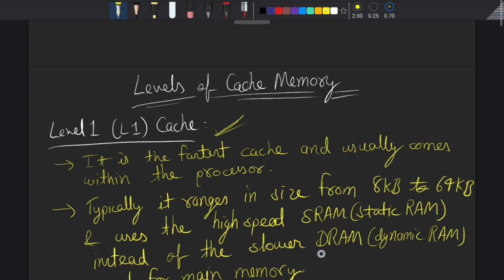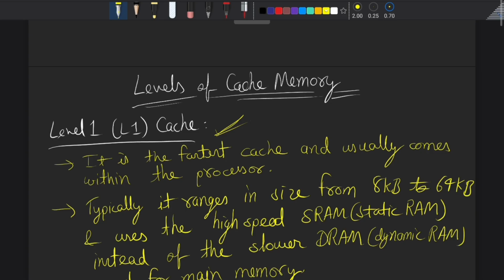Instead of the slower dynamic RAM used for main memory, static RAM stores the data as long as the power is on, but dynamic RAM stores the data for a very short amount of time. So that's why static RAM is faster than dynamic RAM. And of course, dynamic RAM is cheaper because it consumes less power.